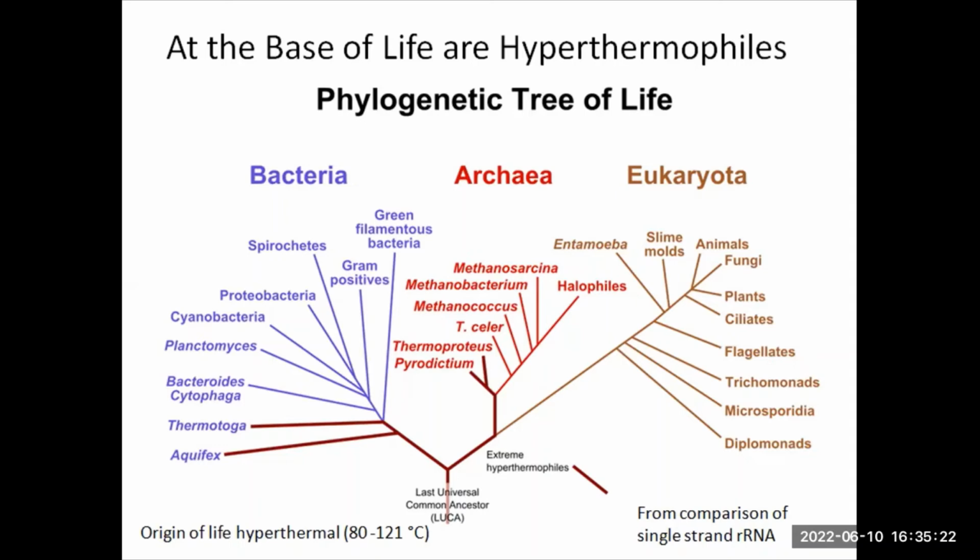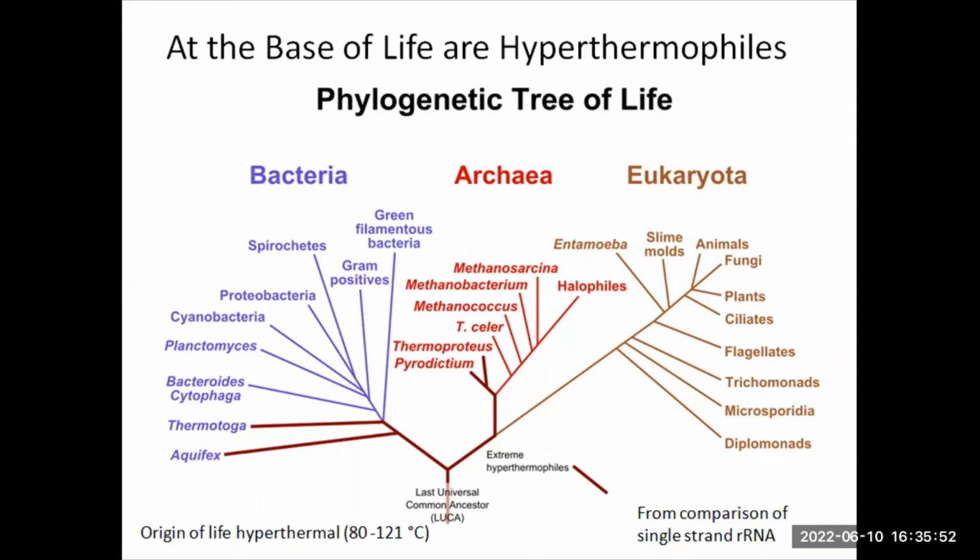And it turns out from these studies that those at the base of this tree, that is the last universal common ancestor, LUCA, it's called, was hyperthermophilic, which means it liked very hot waters. And by hyper, we mean water between 80 and 121 degrees centigrade.